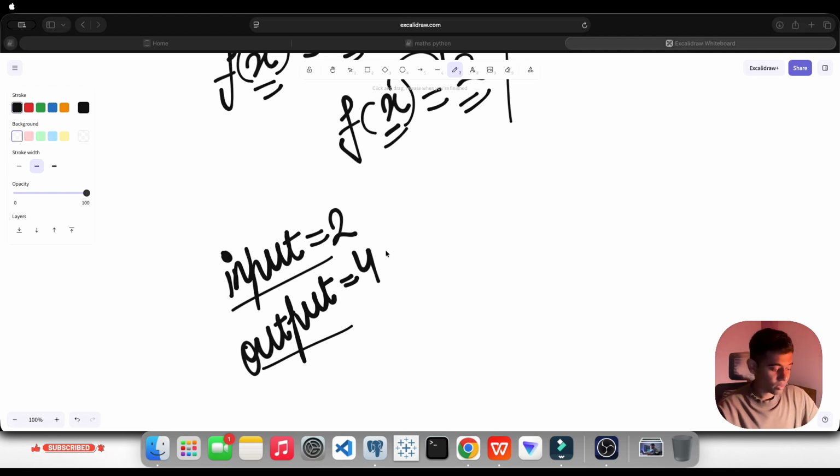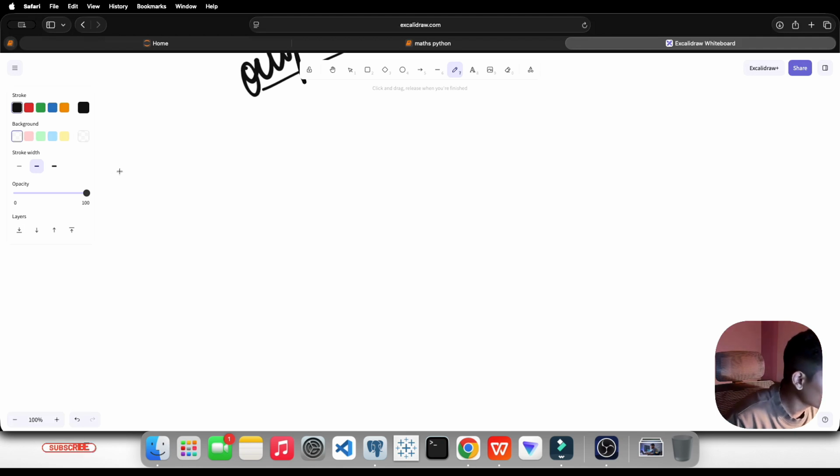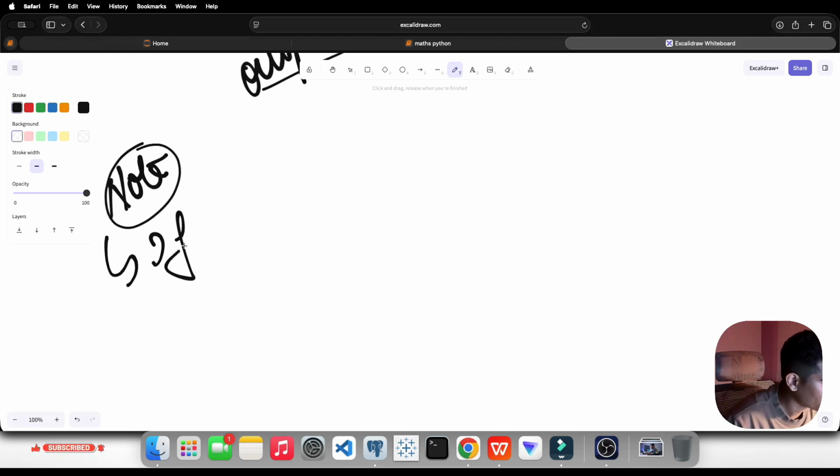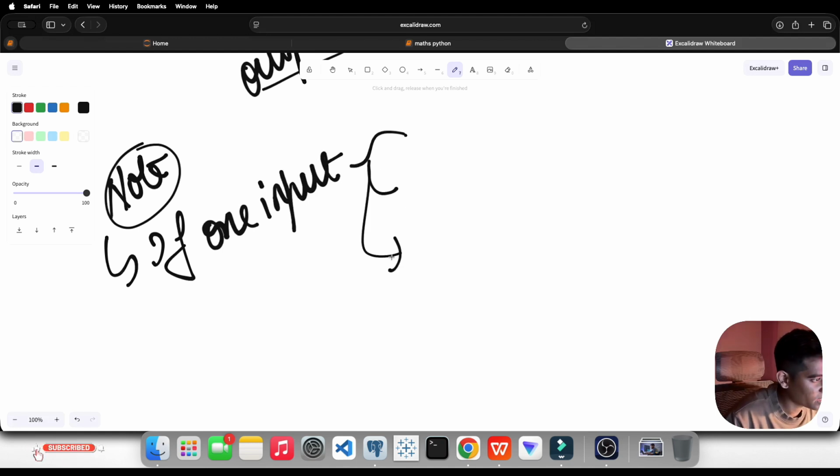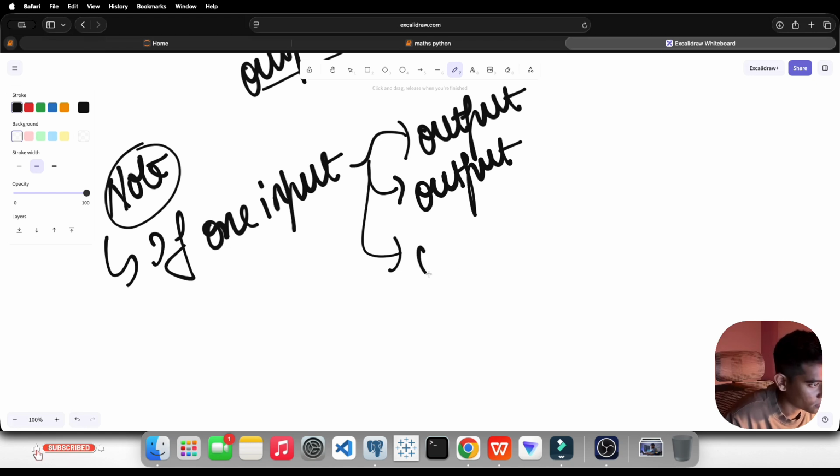Let me write it here, one note: if one input gives multiple outputs, what's the meaning of it?